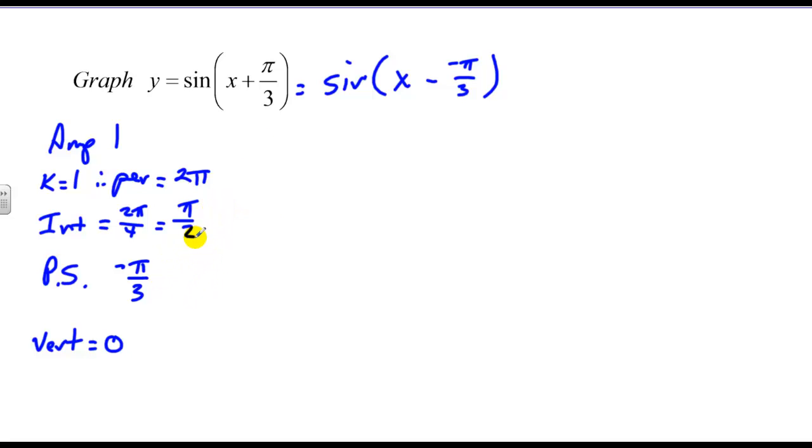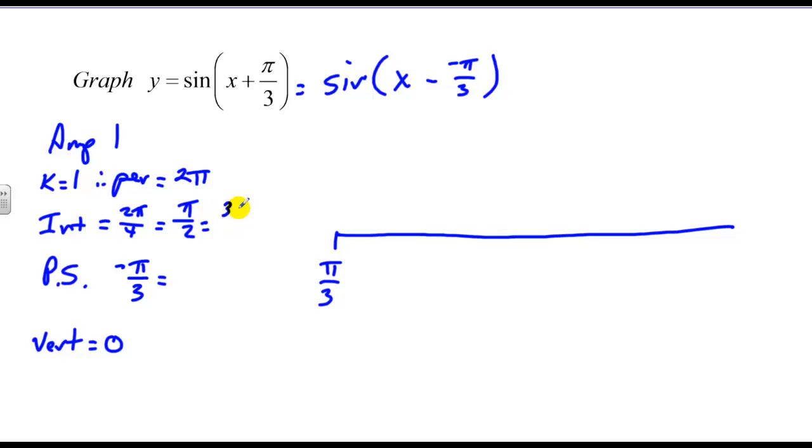What I also need to know now is that if I'm going to graph this, I need to have all my intervals set up correctly. So I see that this starting point is a translation back of pi over 3. However, if I'm going to add pi over 2 to that, they don't have common denominators, so that's going to be a tough add. I'm going to find common denominators of 2 and 3, which is 6, and change these to 6, so it's just easier to add.